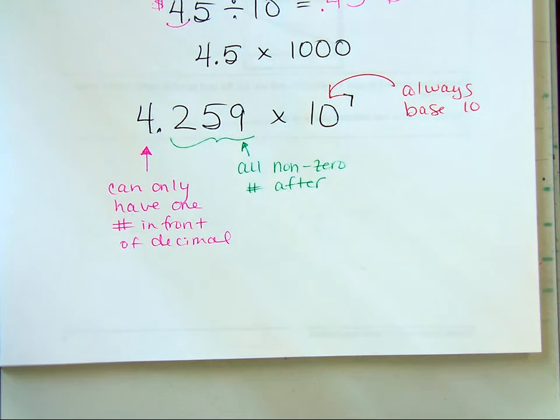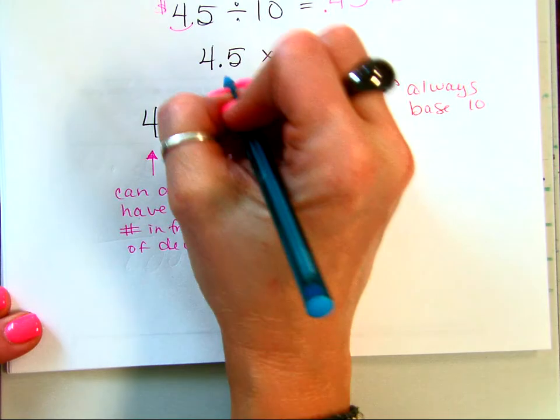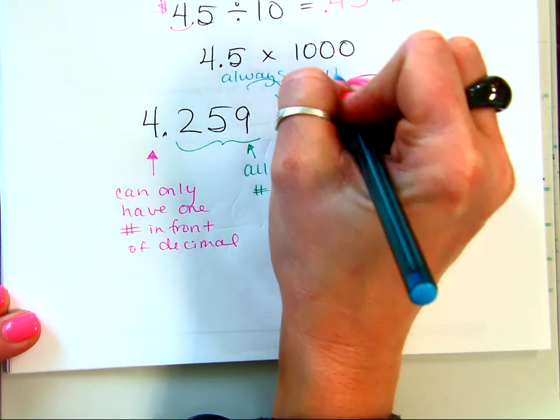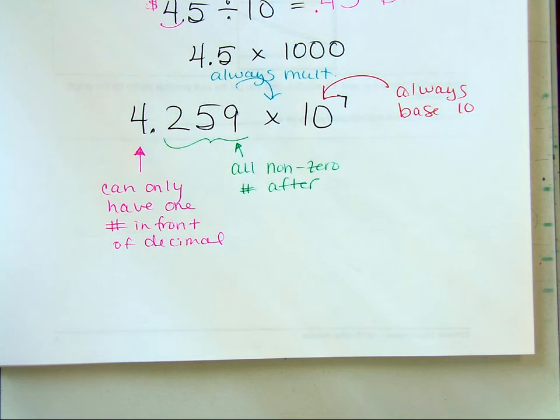Oh, and then the other thing, it's kind of important, it's always multiplication. Okay? Those four things qualify that to be considered standard or scientific notation. Okay?